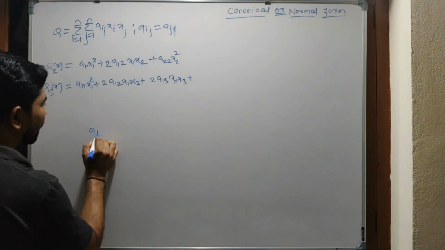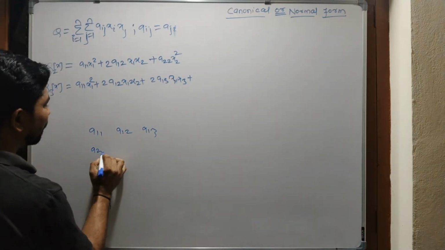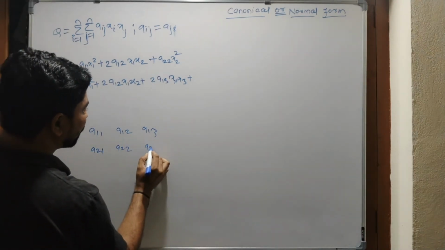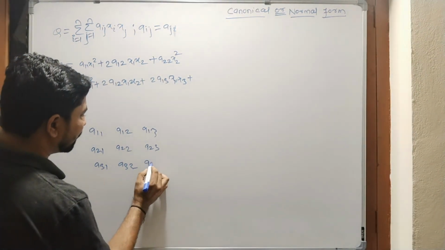For example, the matrix is a11 a12 a13, a21 a22 a23, a31 a32 a33.